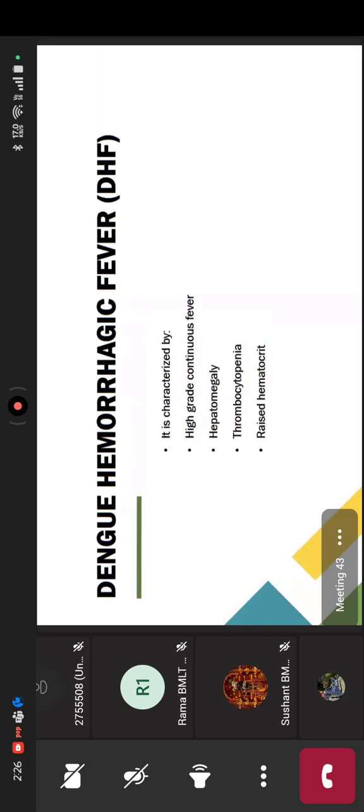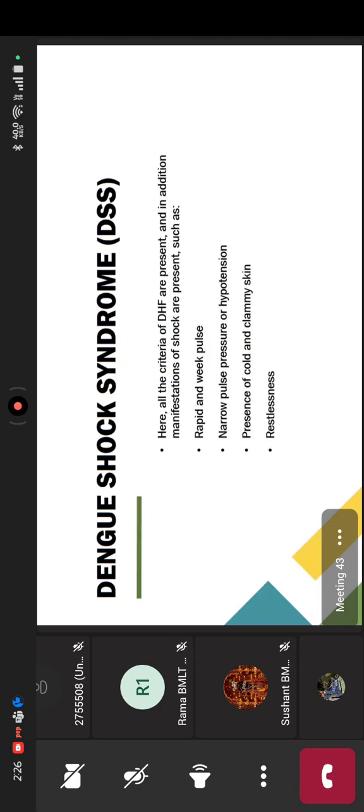That all the characteristics present in dengue hemorrhagic fever, such as hepatomegaly, high grade continuous fever, thrombocytopenia, and raised hematocrit, are also present in dengue shock syndrome, and in addition to that, some other conditions are also present, such as rapid and weak pulse, right?